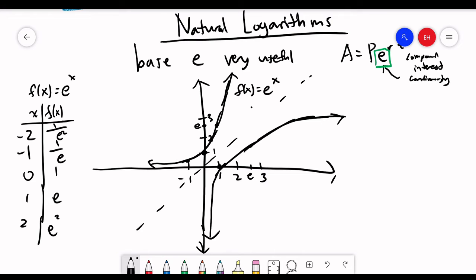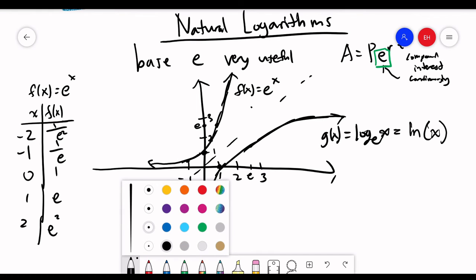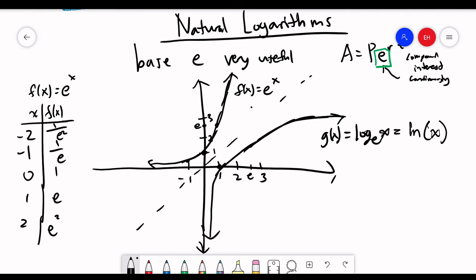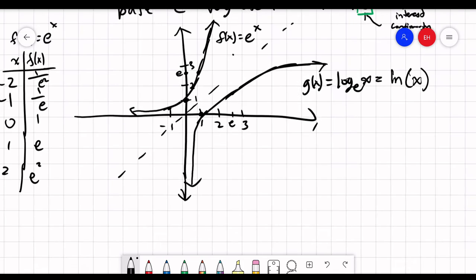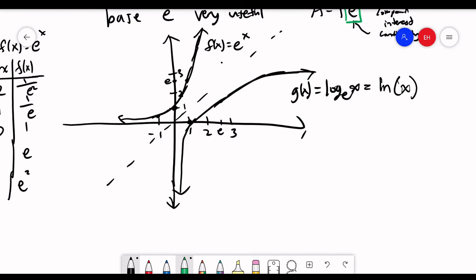We'll call it g of x equals log base e of x. Because we math people are lazy, we don't want to keep writing base e all the time, so we abbreviate it as ln of x, which stands for the natural log. Natural because base e comes up in certain population growth models, so it's found in nature a lot. Anyway, you don't need to write that base e; just write ln anytime you want log base e.